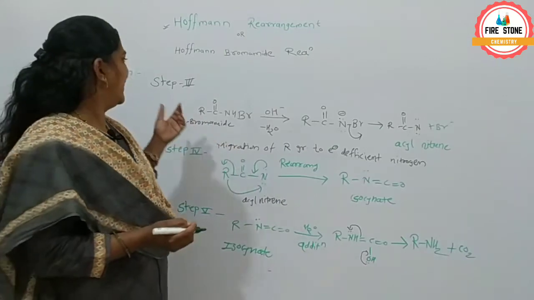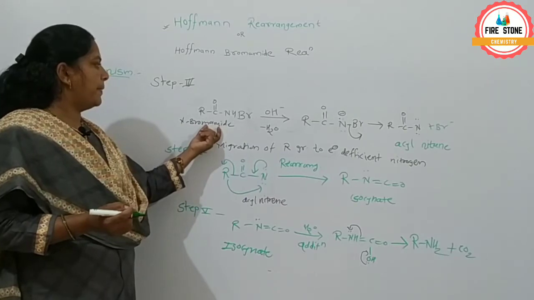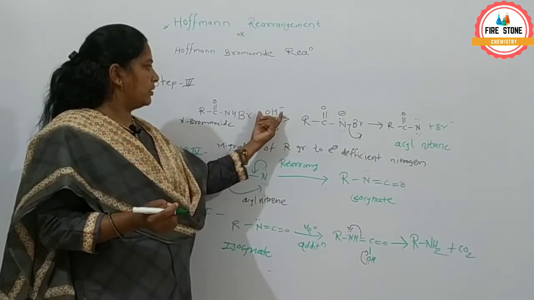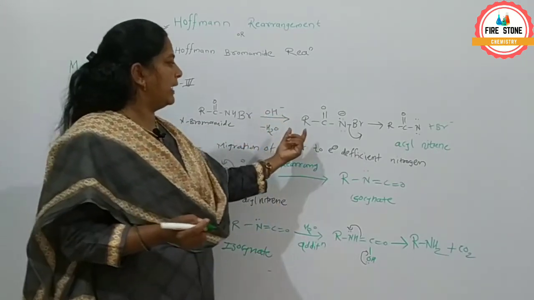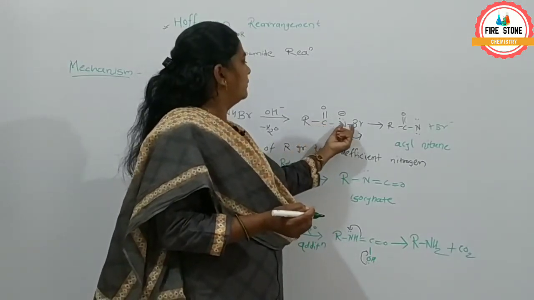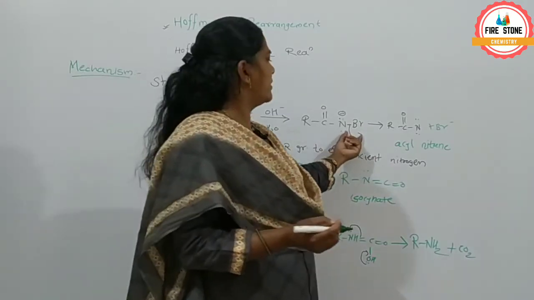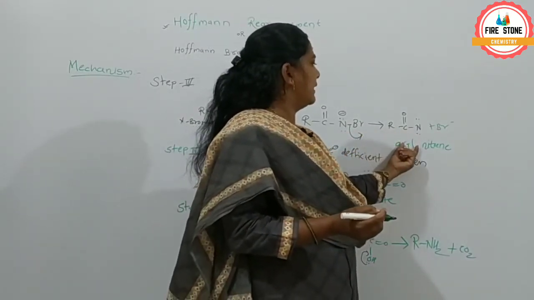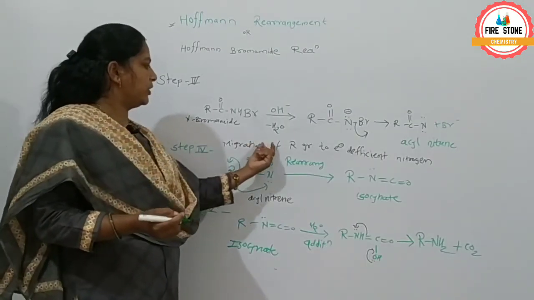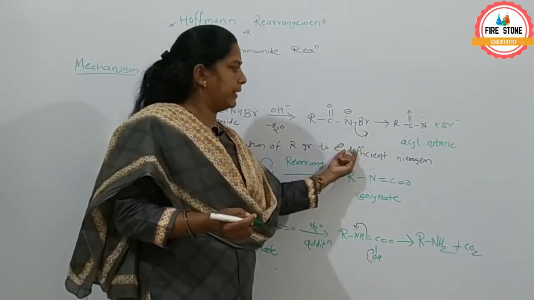In step number 3, this N-bromoamide reacts with OH minus. In presence of OH minus, Br is removed from RC double bond O N Br and we get acyl nitrene. In step 4 there is migration of the R group to the electron deficient nitrogen.